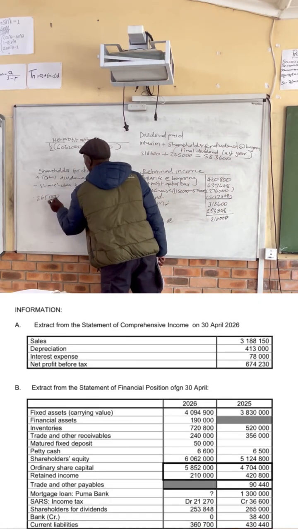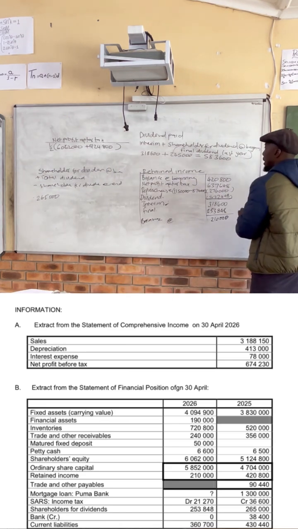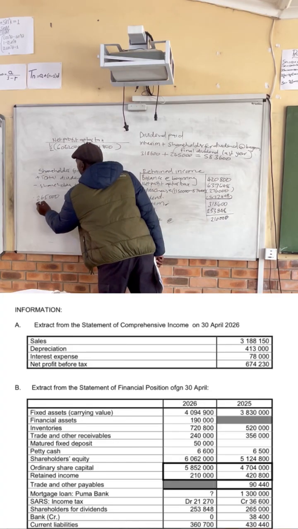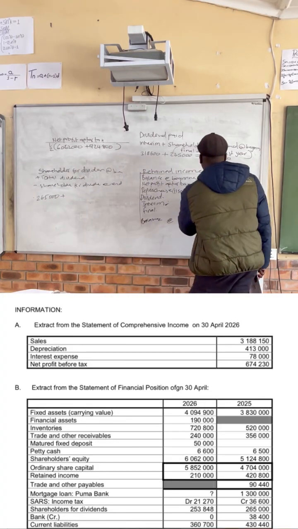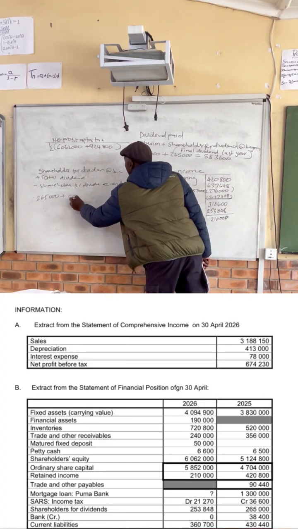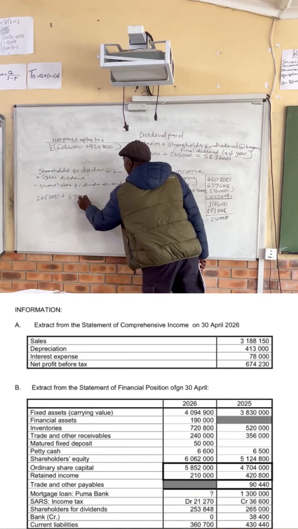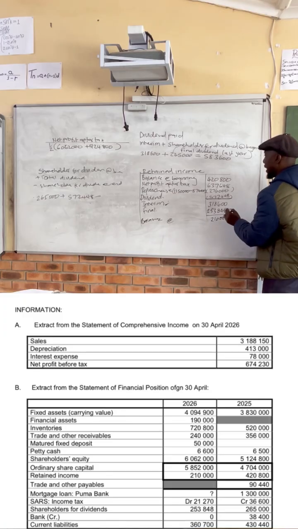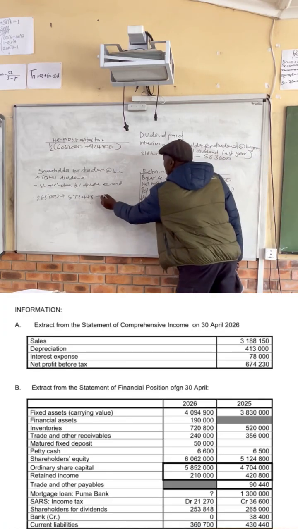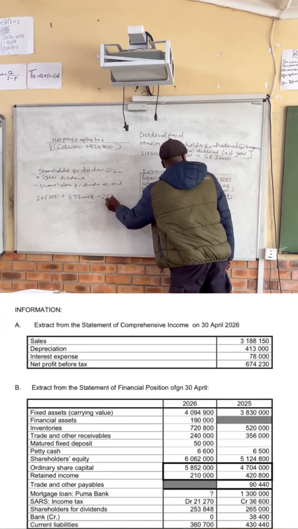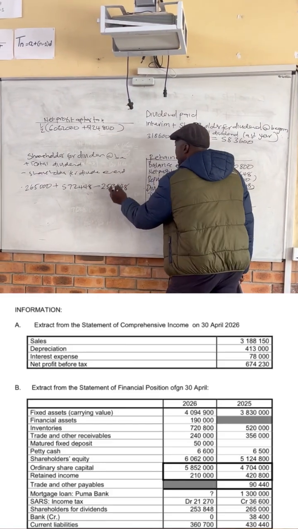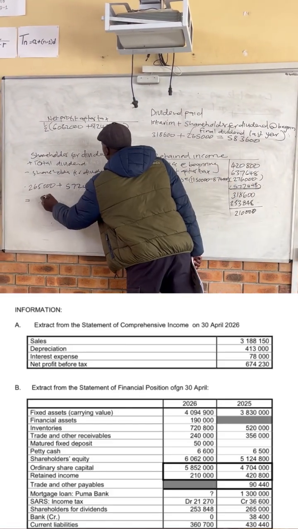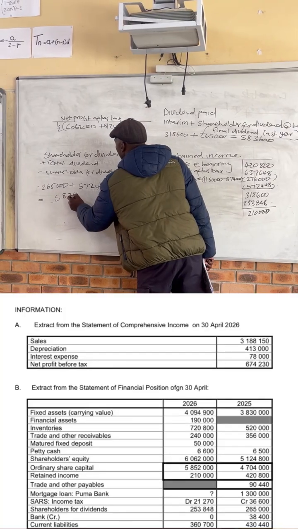It's our 265,000. And then we add your total dividend, which is 572,448, and then you subtract your shareholders for dividend at the end, which is 253,848. Then you are going to get the same answer, which is 583,600.